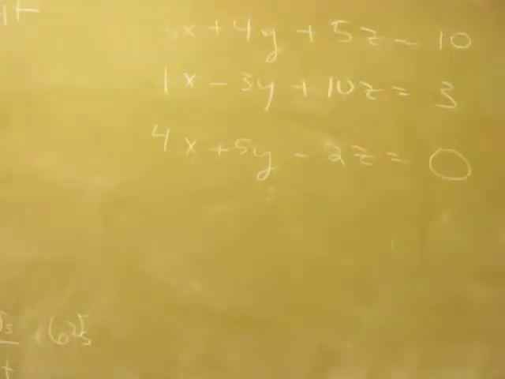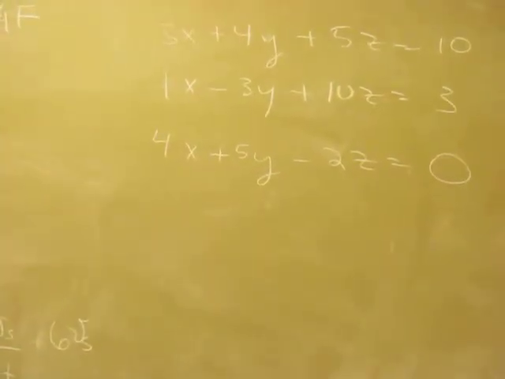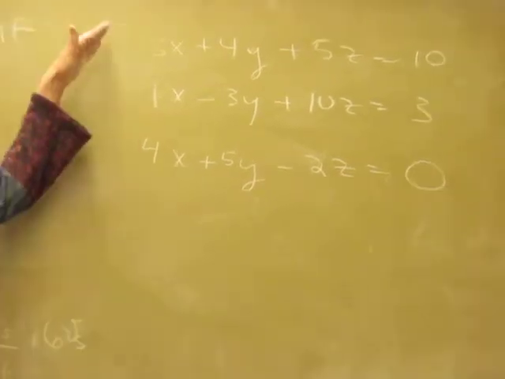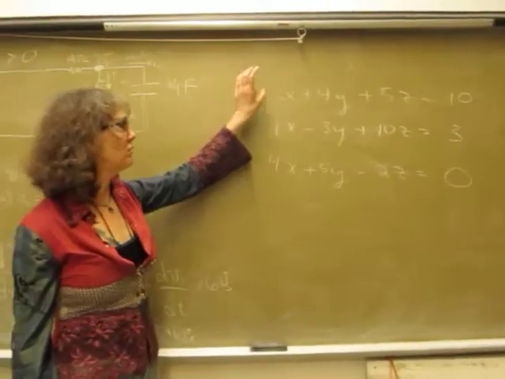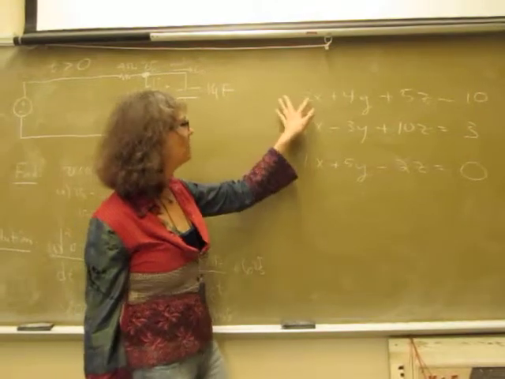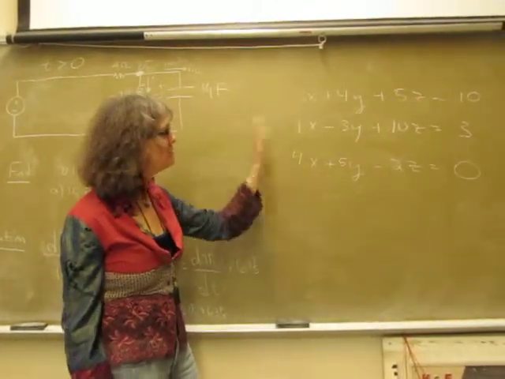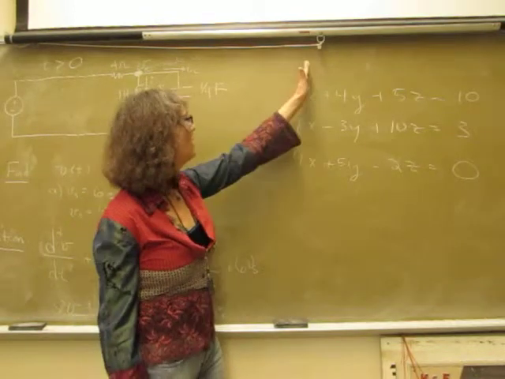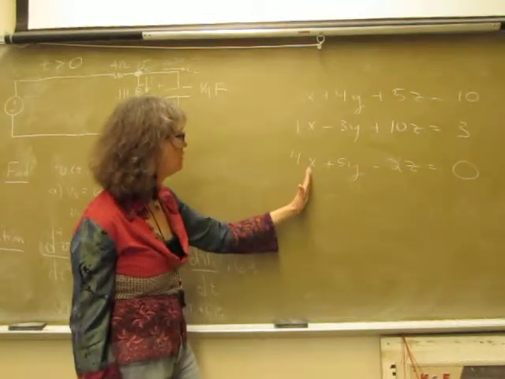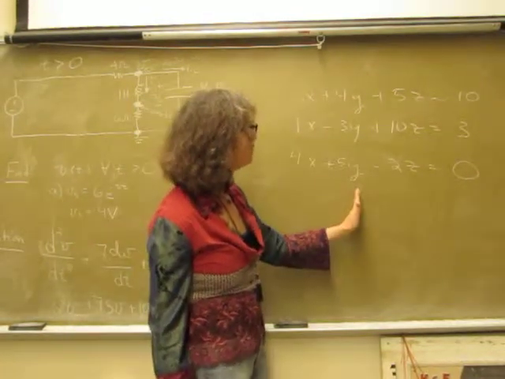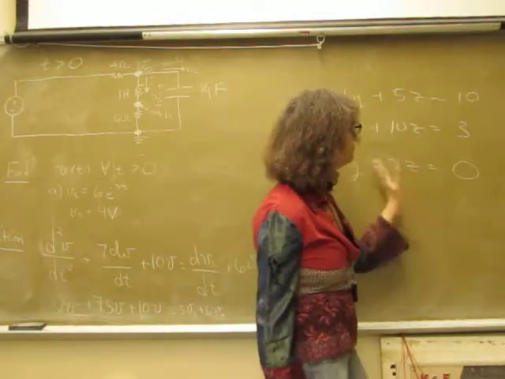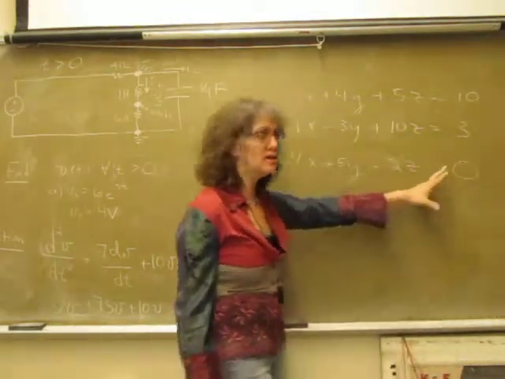So 3 simultaneous equations and 3 unknowns. Sometimes the equations don't look quite like this. You might have the x on the other side or whatever. But you can always make it look like this, where you line up your x terms, your y terms, your z terms, and then you put everything else on the other side.